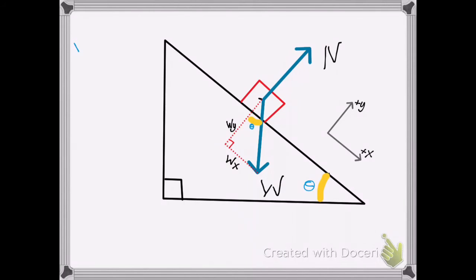The weight in the x direction is going to be equal to our weight times sine of theta, and our weight in the y direction is going to be equal to our weight times cosine of theta. From here, everything that we're going to be doing with our forces on an inclined plane problems is going to be based on the information that we see here.